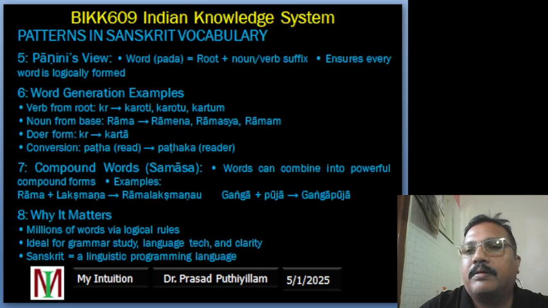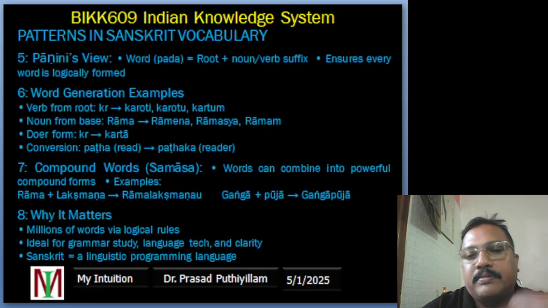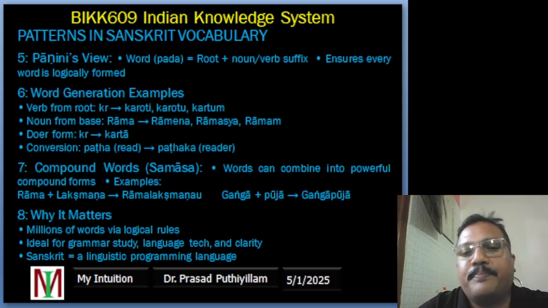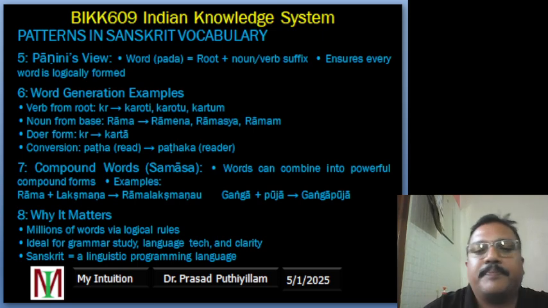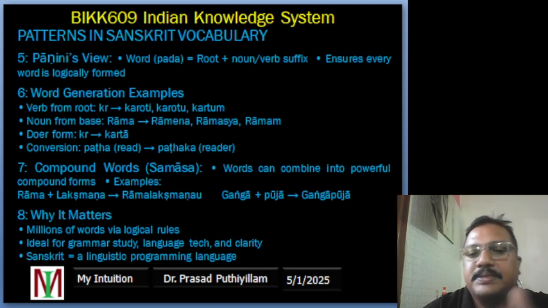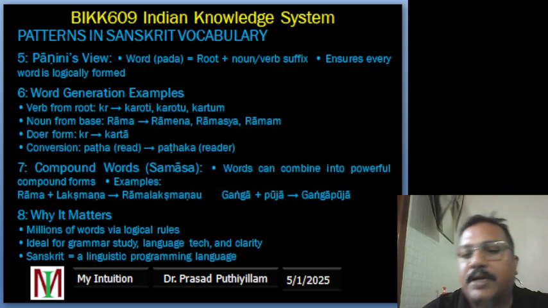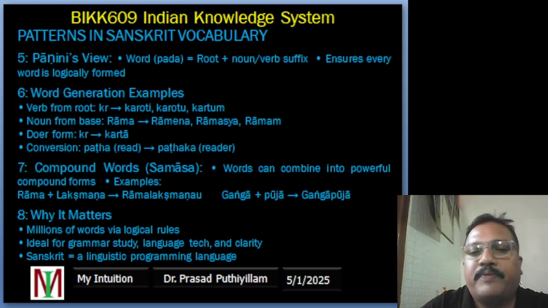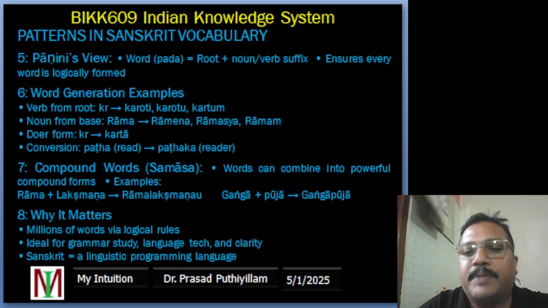We'll continue. For example, if we take Rama plus Lakshmana, it becomes Rama Lakshmanau, meaning Rama and Lakshmana both together. Or if you take the example Ganga plus Puja, it becomes Ganga Puja, that is worship of Ganga.